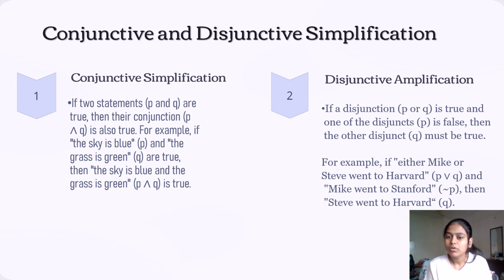The second formula is disjunctive amplification. If the disjunction P or Q is true, and one of the disjuncts P is false, then the other disjunct must be true. For example, if either Mike or Steve went to Harvard, P or Q, and Mike did not go to Harvard, negation of P, then Steve went to Harvard.